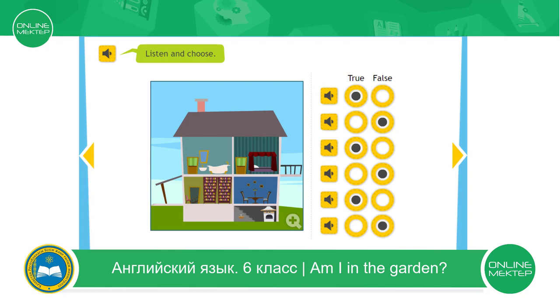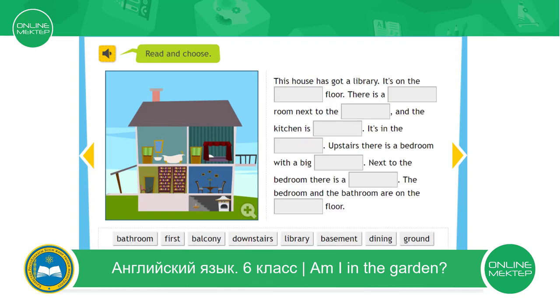Now, let's check. All answers are correct. Thank you very much. In the last exercise, but not least, we need to read and choose the words that are below the text.